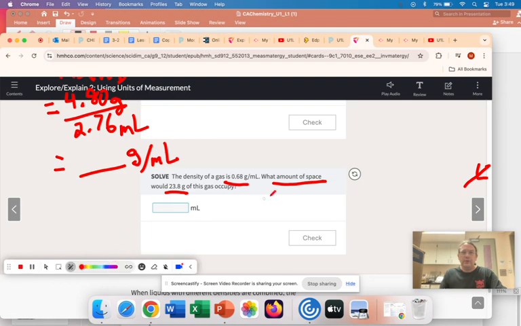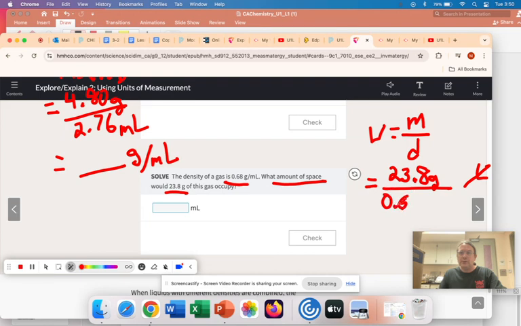So my volume equals mass divided by density. So we would say 23.8 is the mass, and its density is 0.68 grams per milliliter.